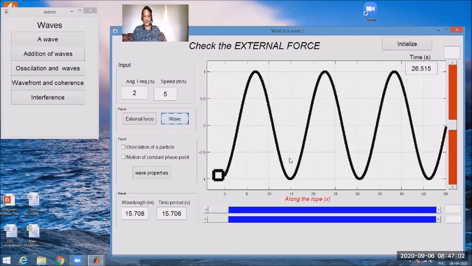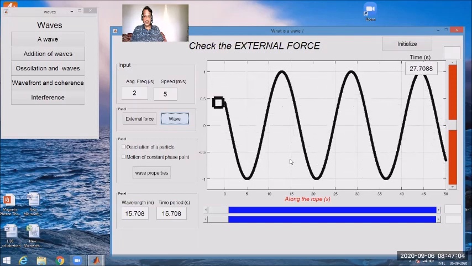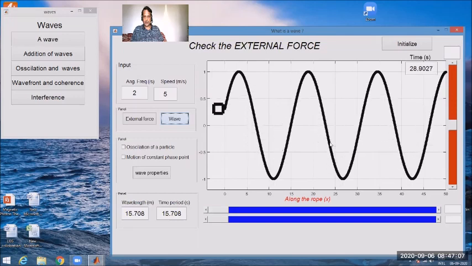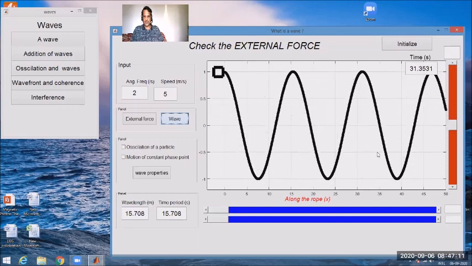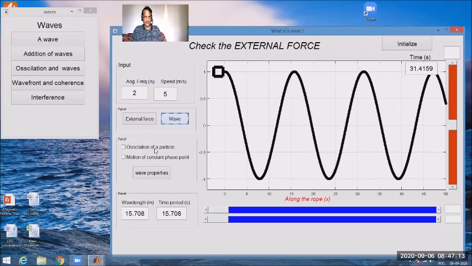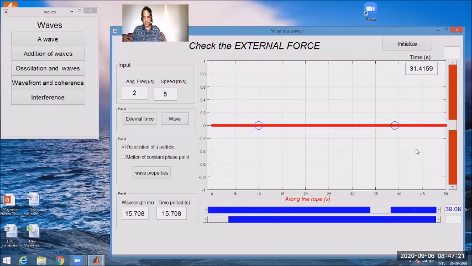Another thing about the wave is, if this is a rope, the rope does not move. Actually, the point on the rope moves up and down. Let us see that. Let us select one particle on the wave, which is somewhere here. Let us focus on this point.